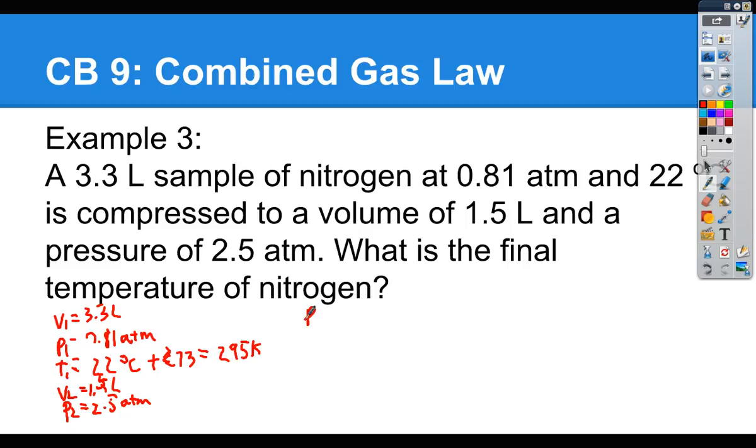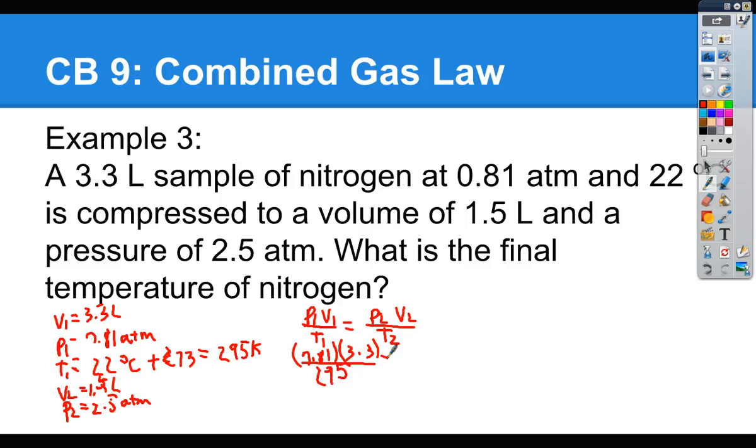Okay, so P1 times V1 over T1 equals P2 times V2 over T2. All right, so let's plug in our values. Our P1 is 0.81 atmospheres, times our V1, which is 3.3 liters, divided by our T1, which is 295.